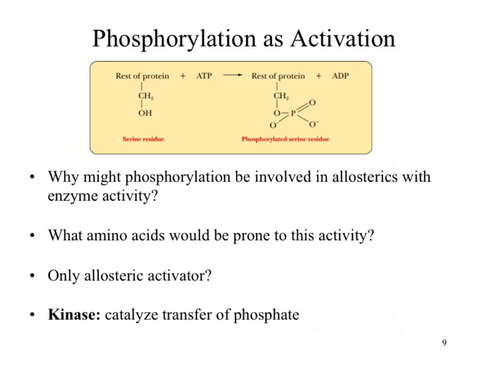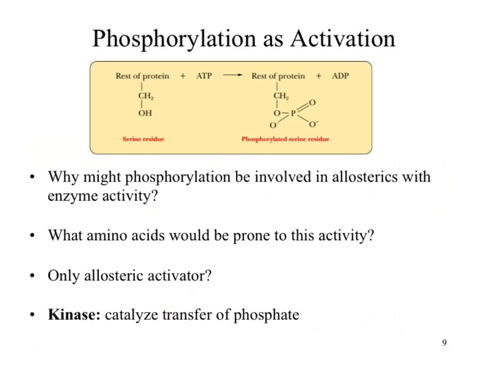By putting on or taking off that phosphate, we can add energy into our reaction to allow it to occur quicker or slower. So it's almost obvious why phosphorylation would be involved in enzyme activity, because it is a big source of energy.